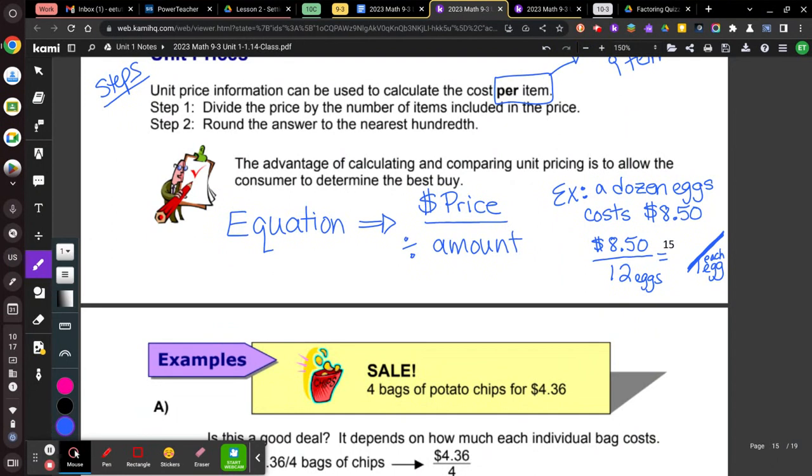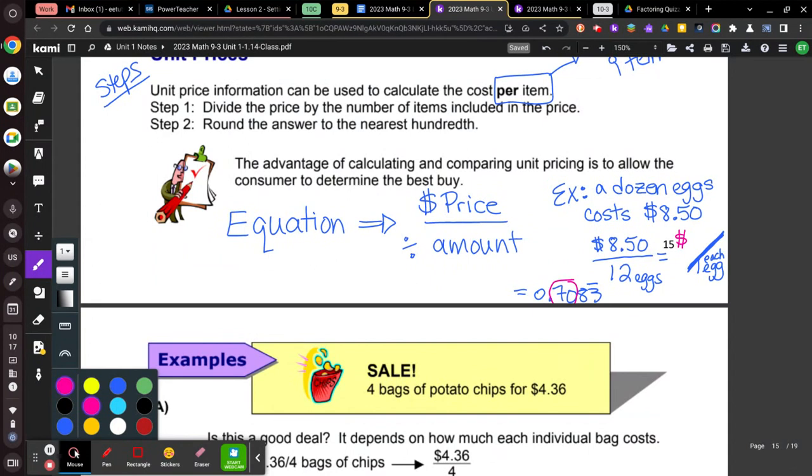We're going to get a big decimal. We're going to get 0.7083 repeating. We're talking about money. So that means I need 2 decimal places after the decimal. So I want these 2 numbers showing. So I have to look at the third number.